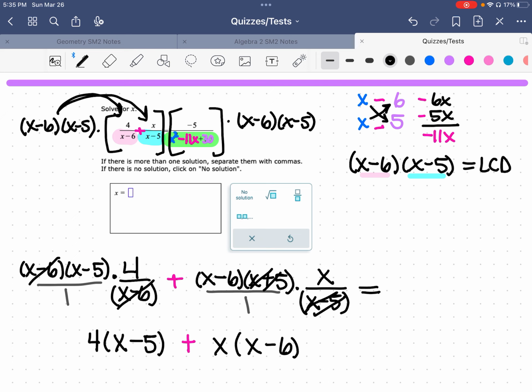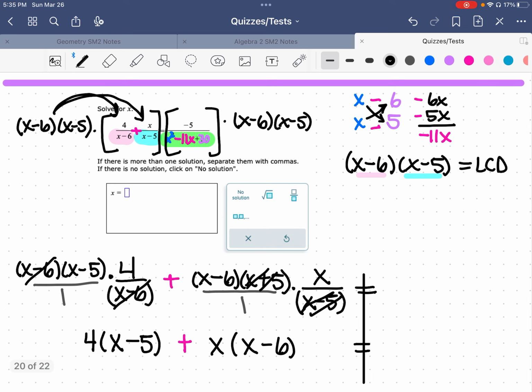All right, now I've got my equal sign right here, and I'm going to go ahead and do that one more time on the other side. Now, one little change that I'm going to do to the original problem in the green highlighting is I'm going to take it and write it in its factored form. I'm not going to put it in its given polynomial.